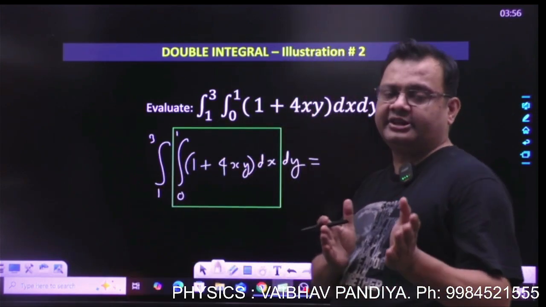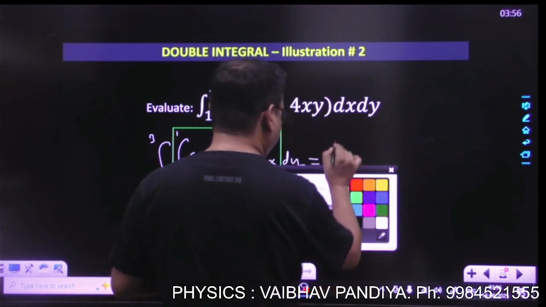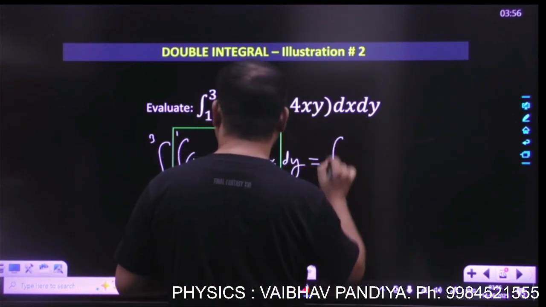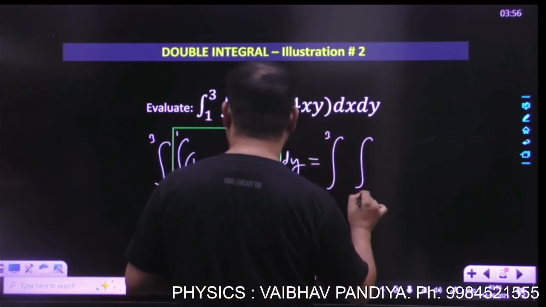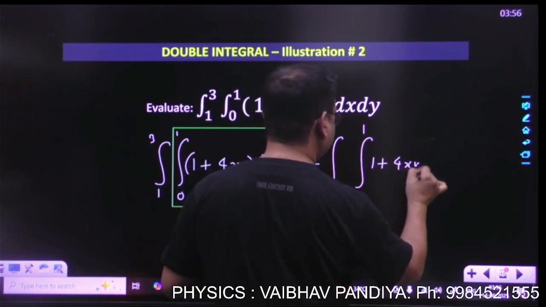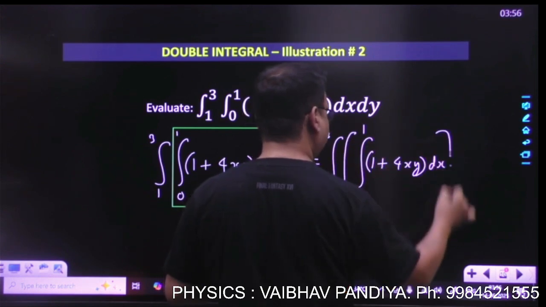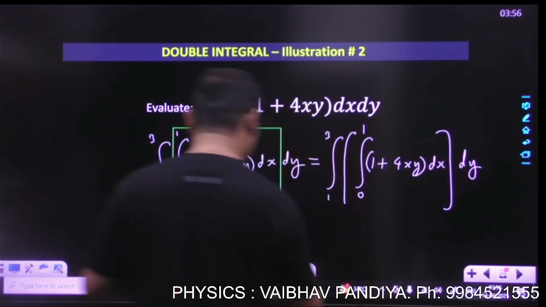So x will be treated as variable and y will be treated as constant. So first I'm just writing this in the bracket, just indicating that I'm focusing on this integral and nothing else, correct? And then what is left is dy.